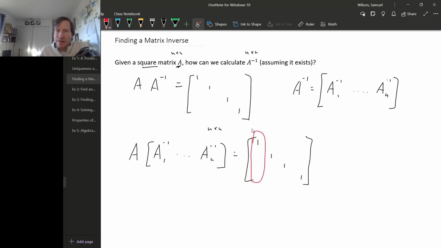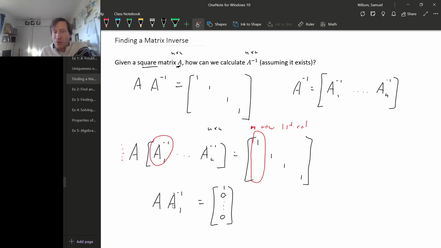The first column comes from the first column of the matrix on the right and all of the different rows in the matrix on the left. So to work out the first column of the identity matrix, what we need is our matrix A times A inverse first column equals the first column of the identity matrix.